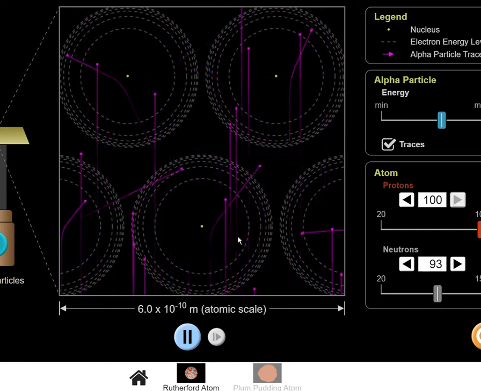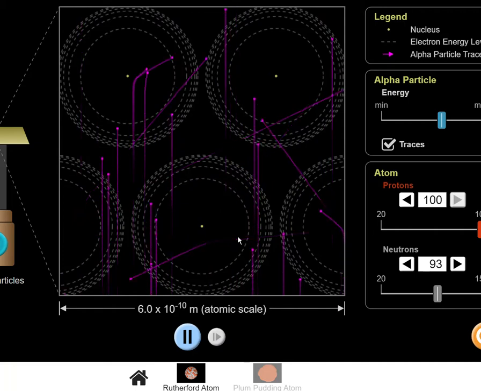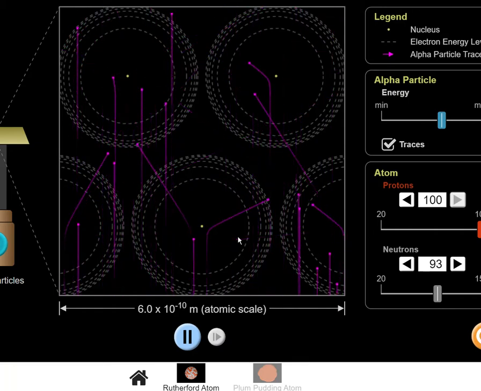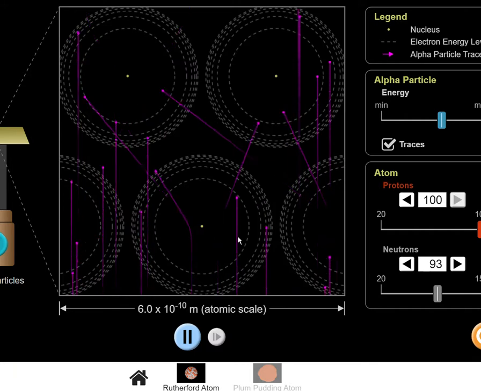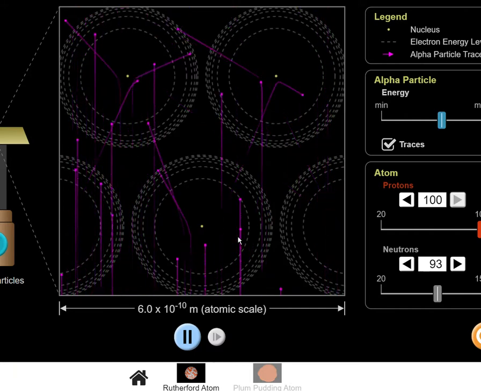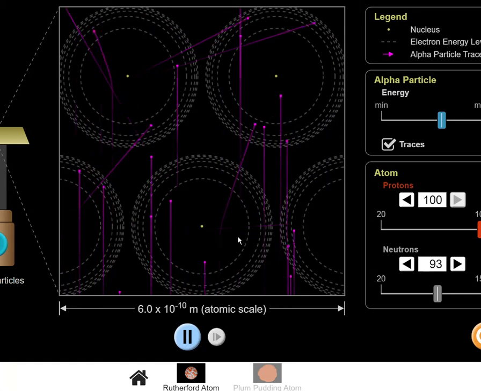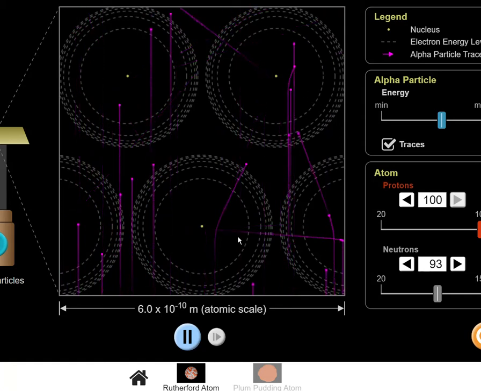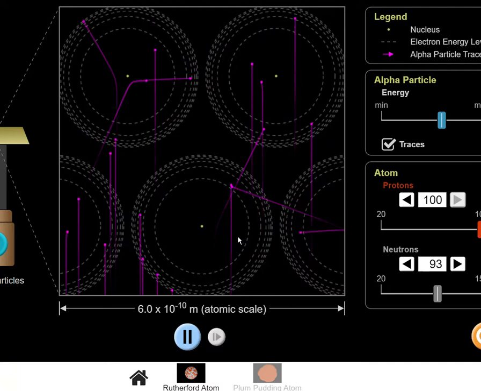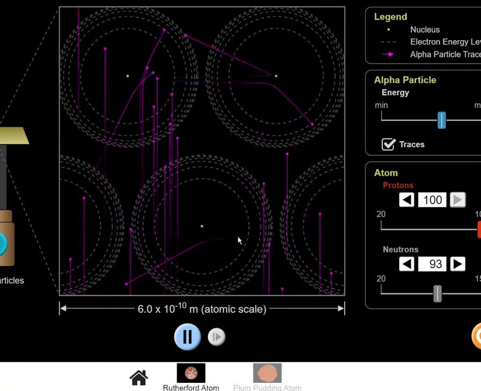The other thing that I wanted to say is it will be a completion check, and we'll start talking about this next class, and it will jump into our unit on the atom: protons, neutrons, and electrons, which make up elements and everything around us. Because I haven't taught this yet, if you have questions, even though it's a completion check, you can still earn credit if you write down your questions.